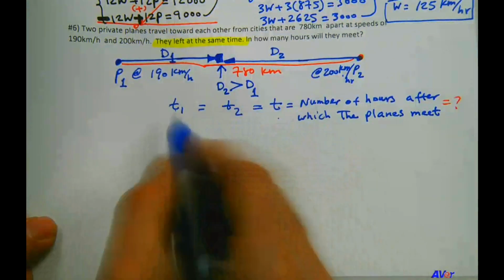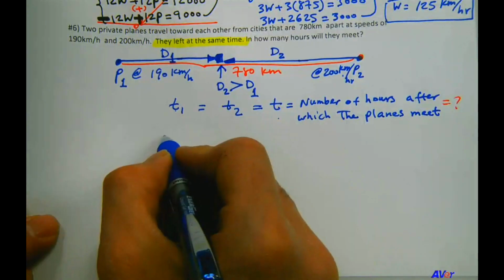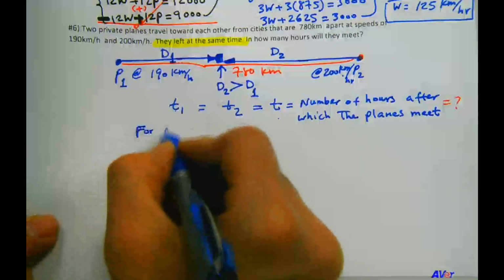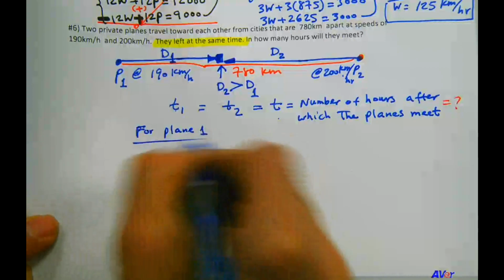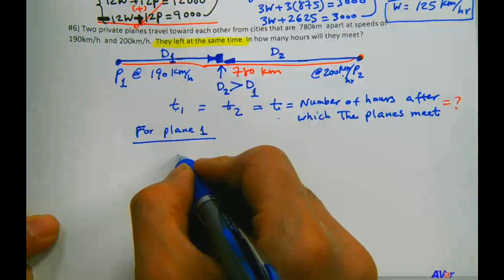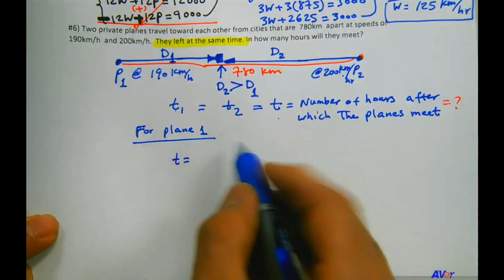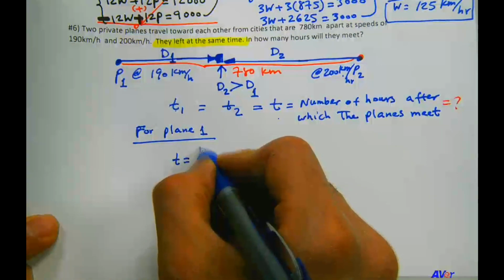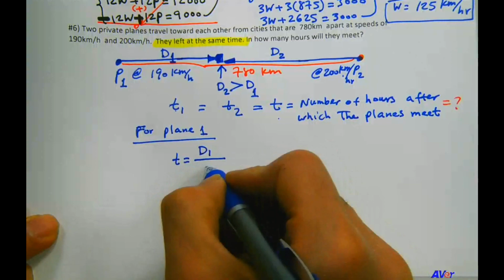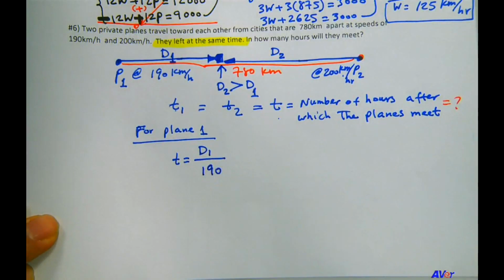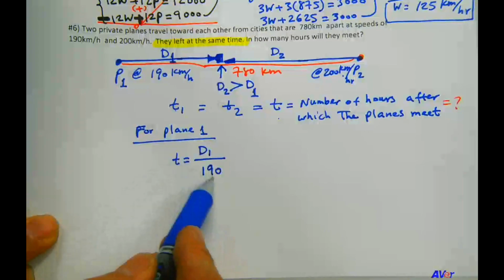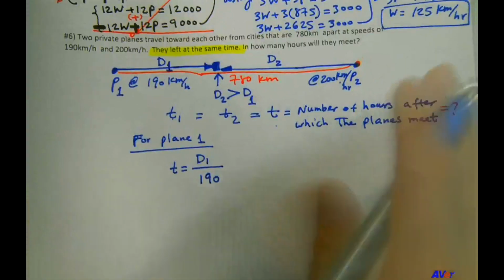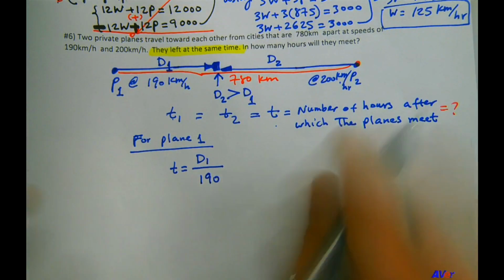So for plane 1, we have T equals the distance divided by speed. So D1 divided by 190 kilometers per hour, right? Because distance equals time times speed, and let me write that here.